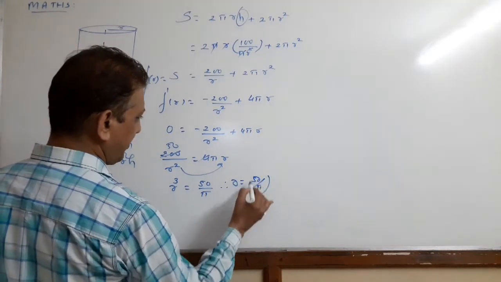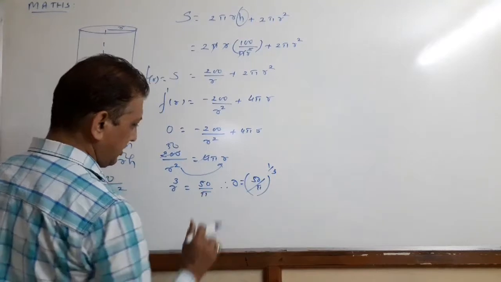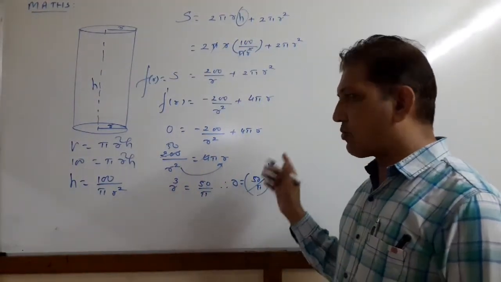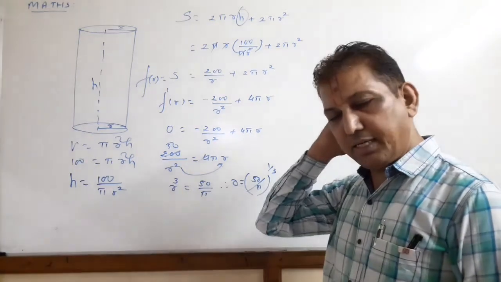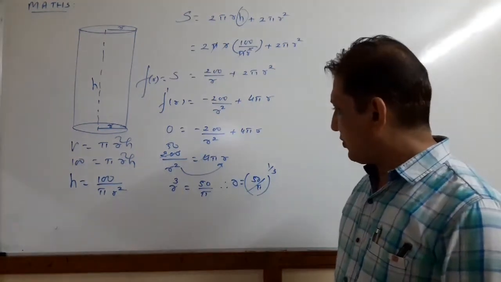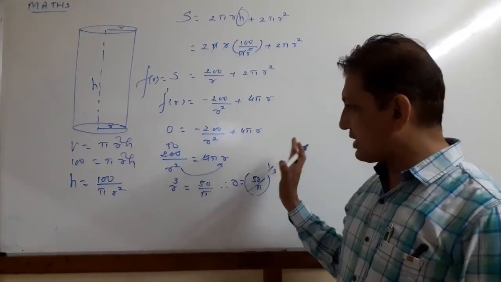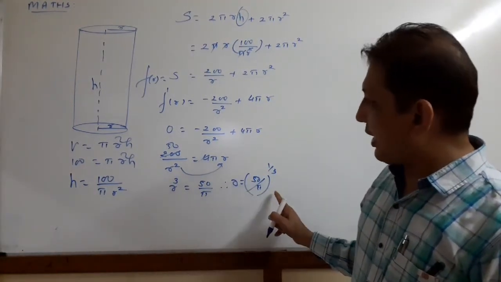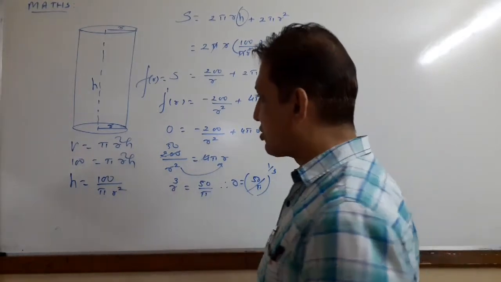r cube equals 50 upon pi. Therefore, we take the cube root on both sides: 50 upon pi power 1 by 3. So r equal to 50 upon pi whole power 1 by 3, the cube root. Now this value is put here, then we find h.